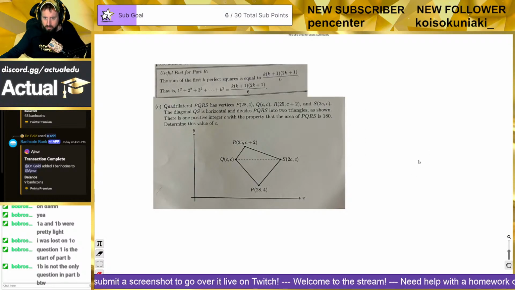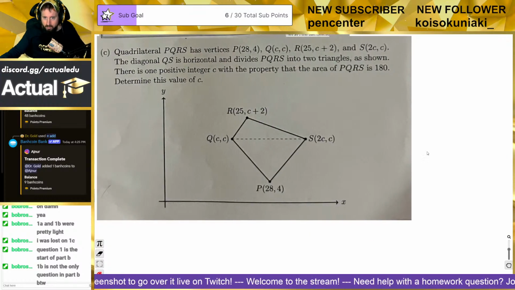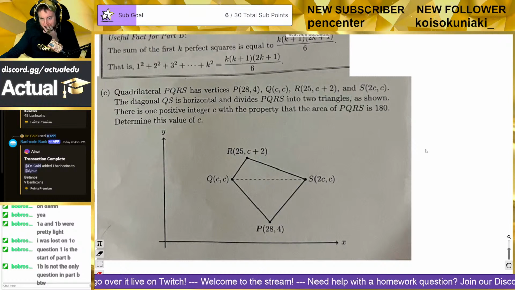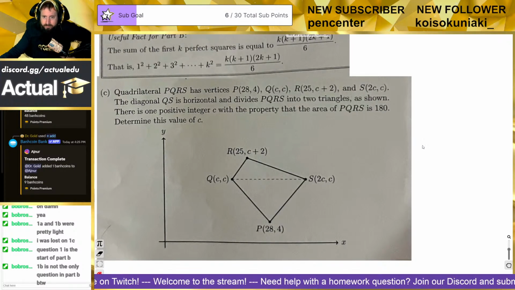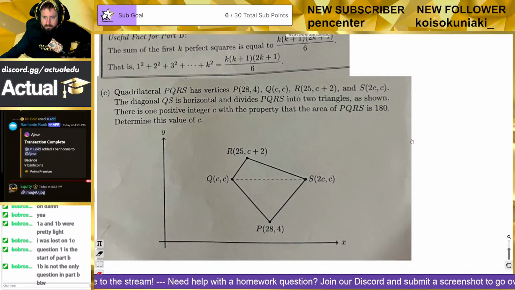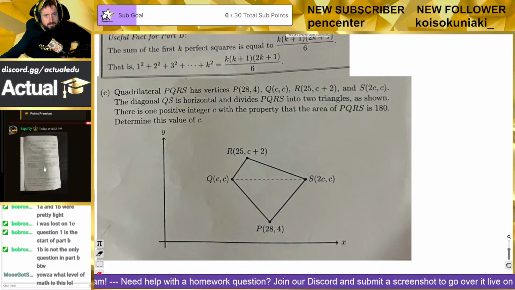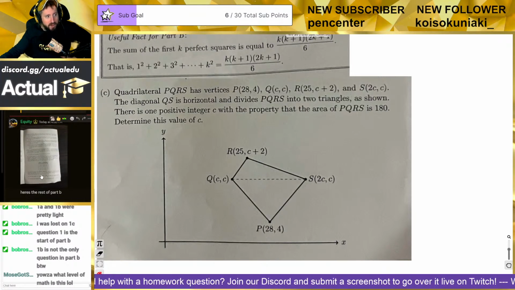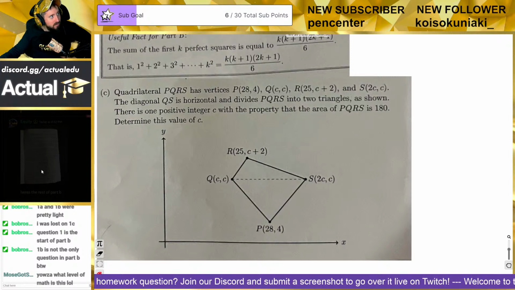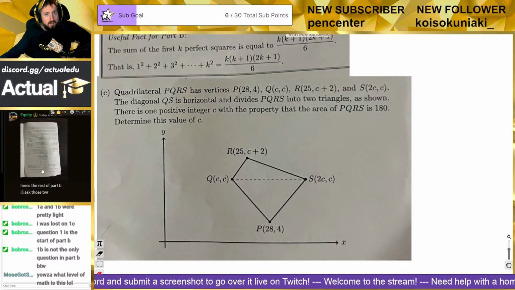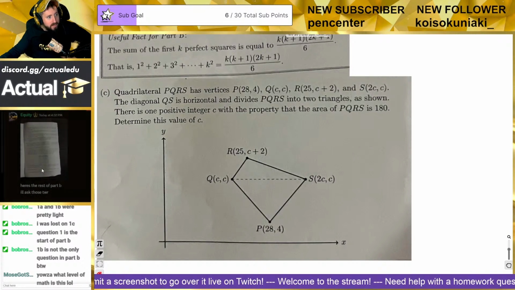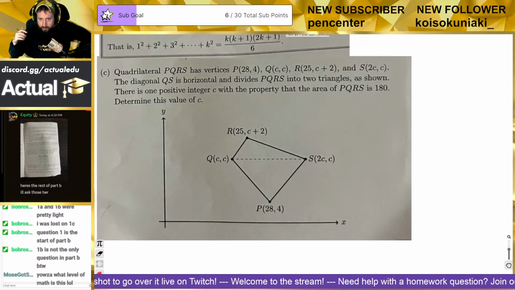It's cool. Yeah, what level math is this? Oh, there's more to it? Okay, ask us tomorrow. That's cool. Let's just try to do this one.